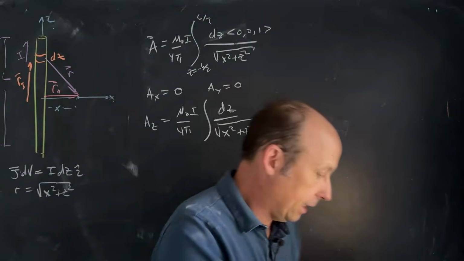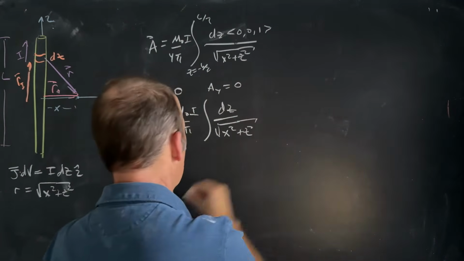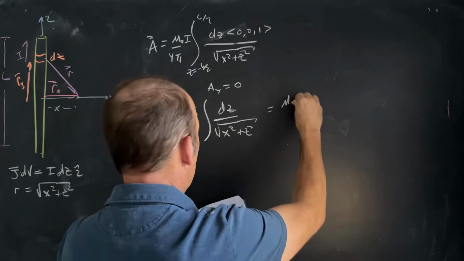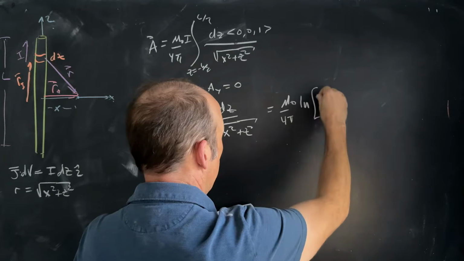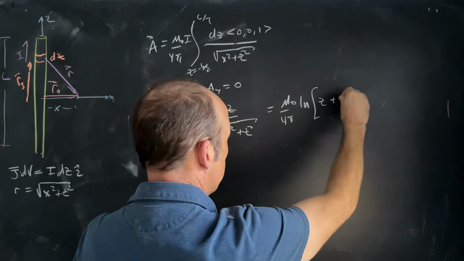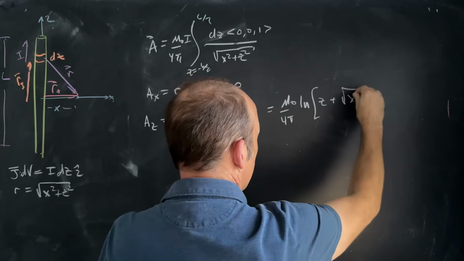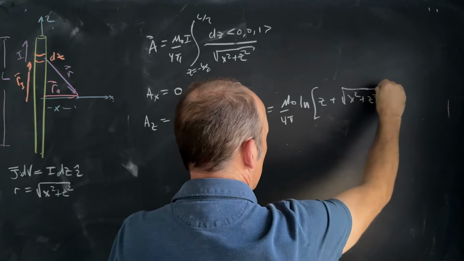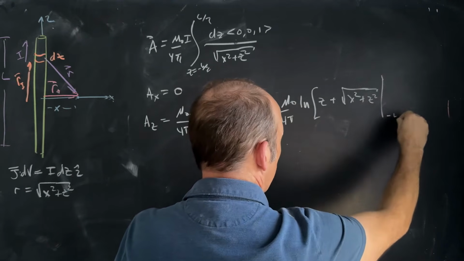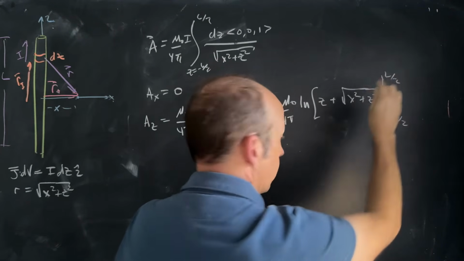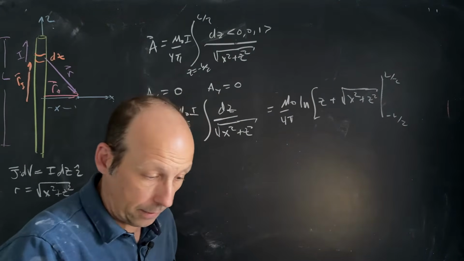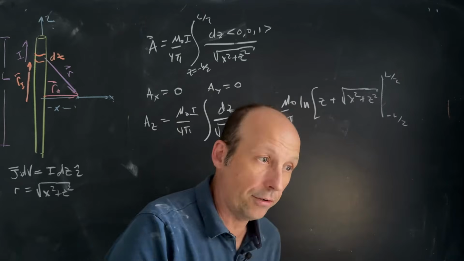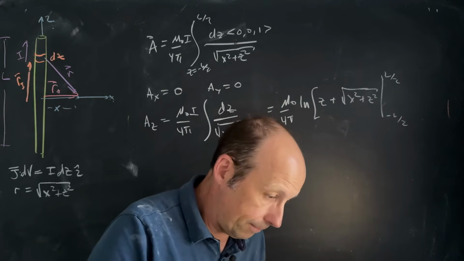So this says that my answer is mu naught over 4 pi natural log of z plus the square root of x squared plus z squared from negative L over 2 to L over 2. Is that what it says? Yep, got it. I can put my bookmark back there because I might need that again.